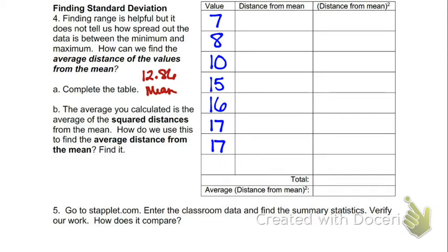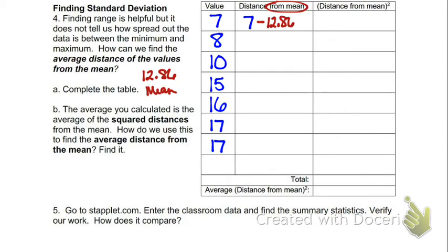We are going to find the distance from the mean. How would I find how far away each of these values is from the mean? Subtract. So I'm going to take the data value minus the mean. And I want you to actually go ahead and do that subtraction.